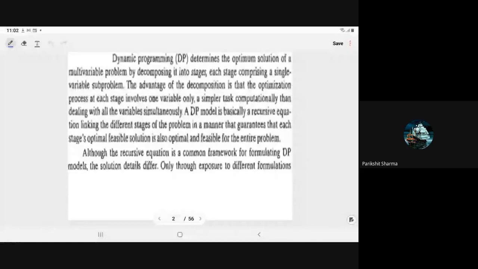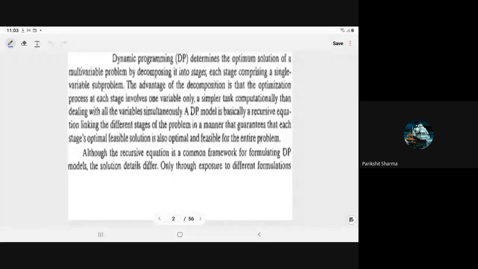Means, for example, you have started your solution from stage 1. You have an n variable problem. You have decomposed your n variable problem into n problems of one variable. Then you have solved stage 1. Whatever the optimal and feasible solution of stage 1, that will remain optimal and feasible for stage 2.